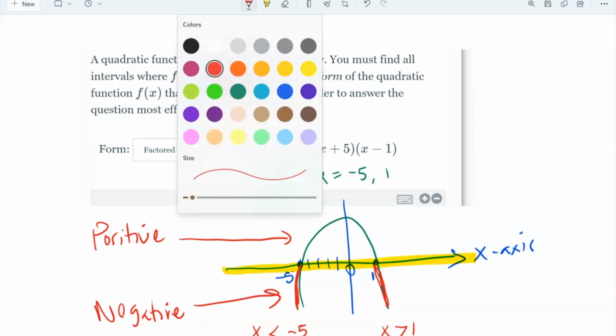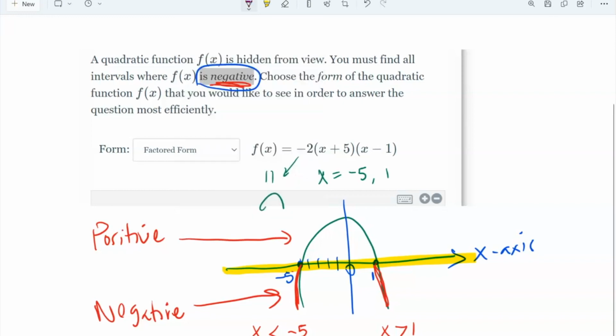Okay, now I'm going to go ahead and do the positive. When is it positive? It is positive from here, from negative 5, all the way to positive 1. So when x is between negative 5 and positive 1, it is above the x-axis. So it is below here, and it is above here. Okay, so that's how you do positive and negative.